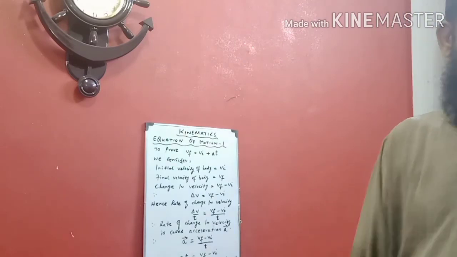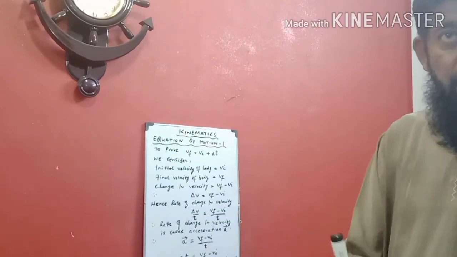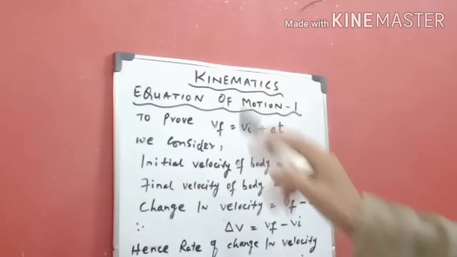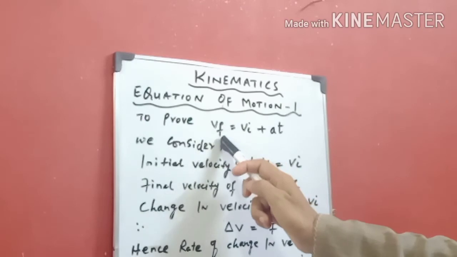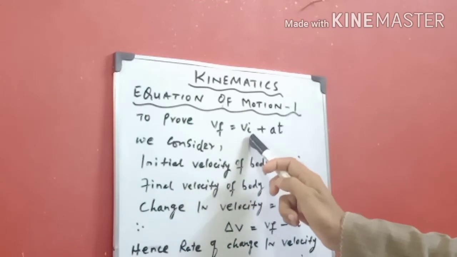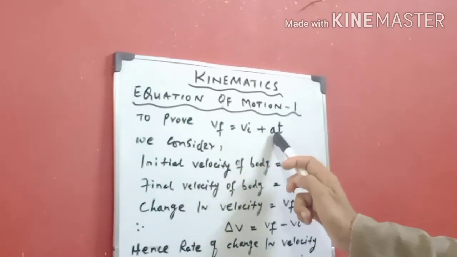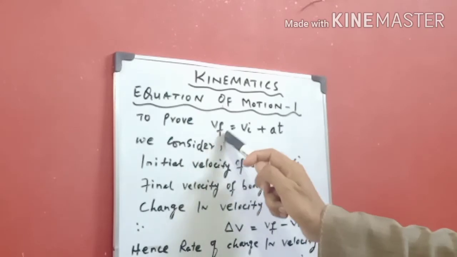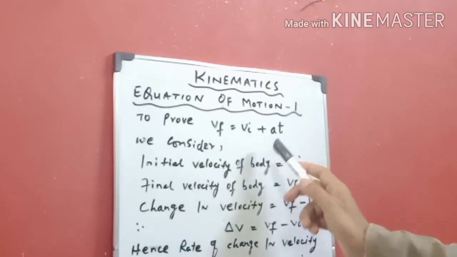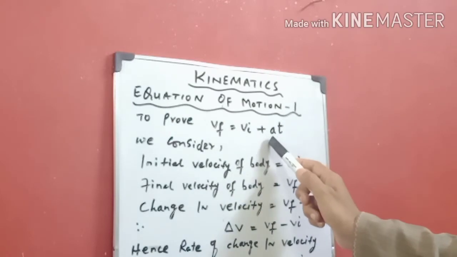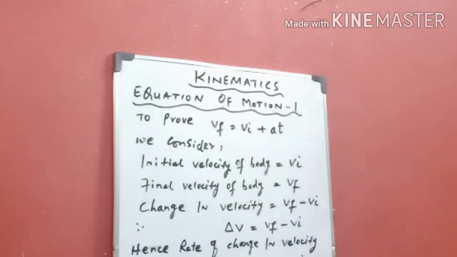Now the first equation of motion to prove: Vf equals Vi plus At. Here Vf means the final velocity, Vi is the initial velocity, A means acceleration, and T represents the time.